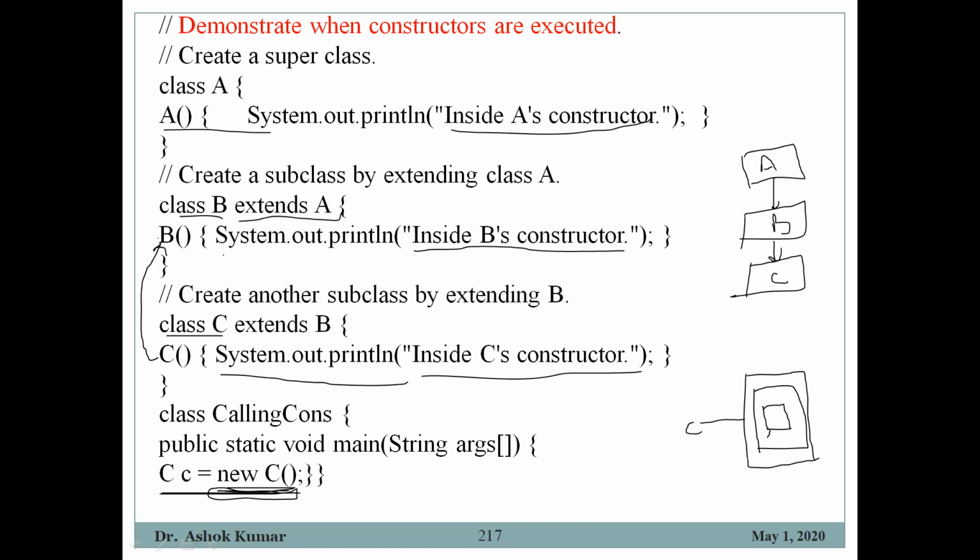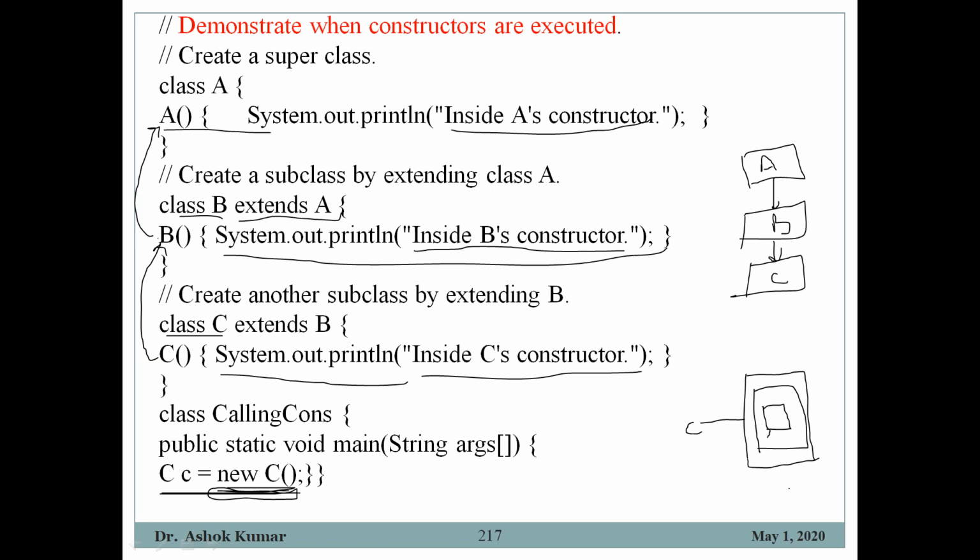And this base class constructor, before executing its body, implicitly calls its superclass constructor. So first of all, in this scenario, the constructor of A will run. Then after the completion of the A class constructor, the constructor of B class will execute. And after the completion of the B class constructor, the constructor of C class will run. So you will get the messages in this order: A class constructor, B class constructor, C class constructor. This is the result you will get.